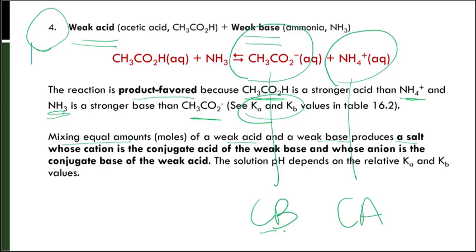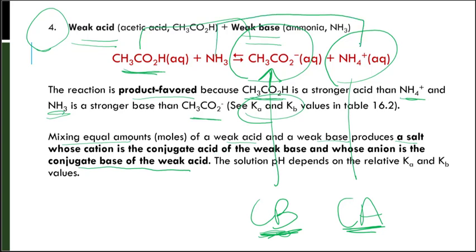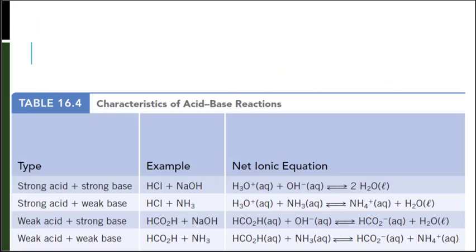This just labels that conjugate base of the weak acid. That would be my acetate, because my acetic acid is the weak acid, so this is the conjugate base. And the conjugate acid is from the weak base, and the pH will depend on the Ka and the Kb values.